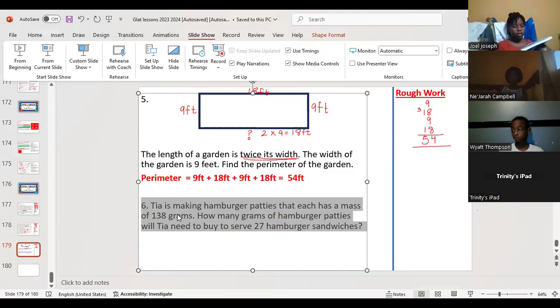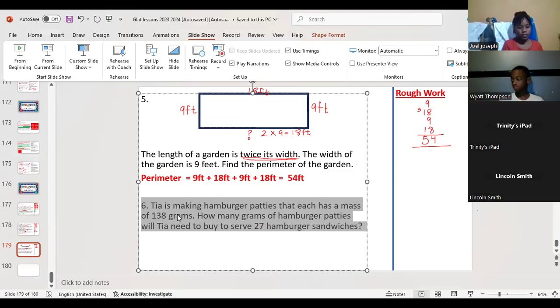Are we going to divide? Multiply. You have to add. Add what? The 138 and the 27.